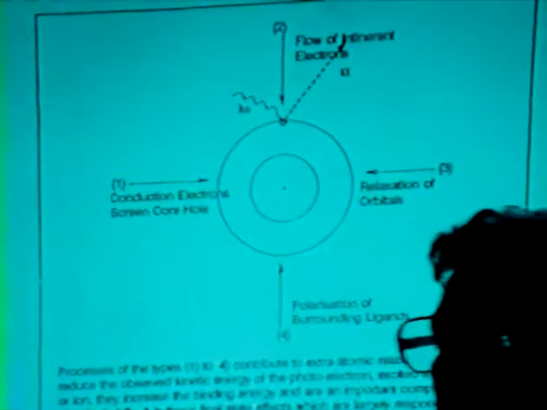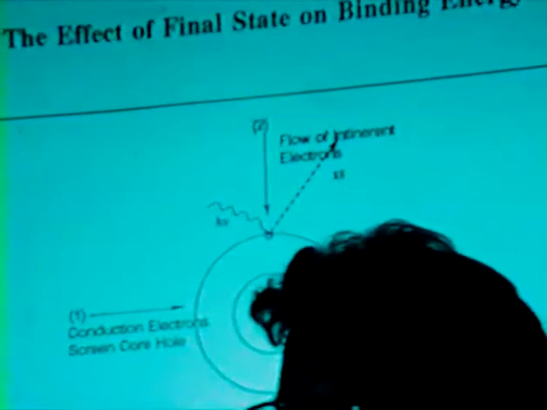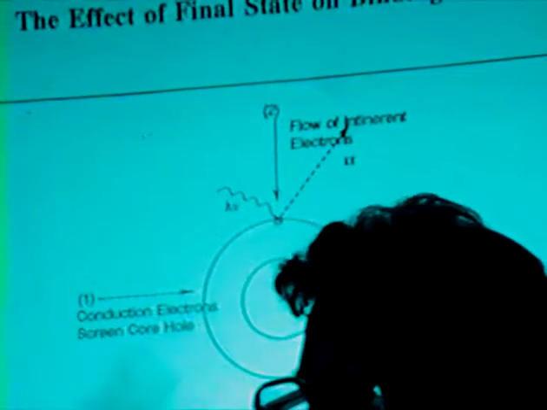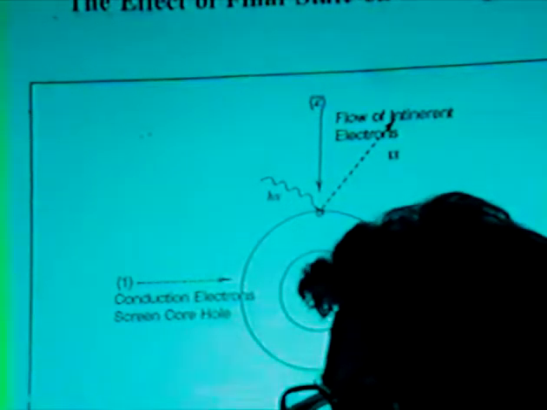in solids mainly comes from the different final states which can occur. Once you photoexcite an electron out, although in principle it carries with it all the energy derived from the photon, in actual fact it leaves behind energy associated with polarization of the surrounding lattice of different types.